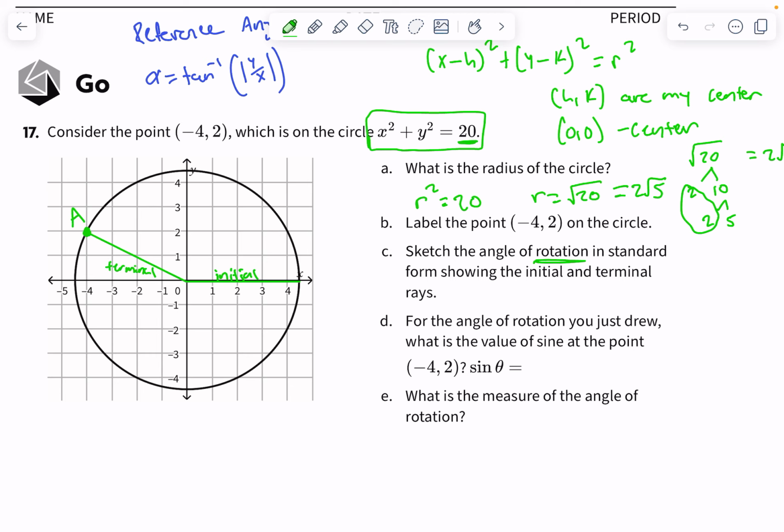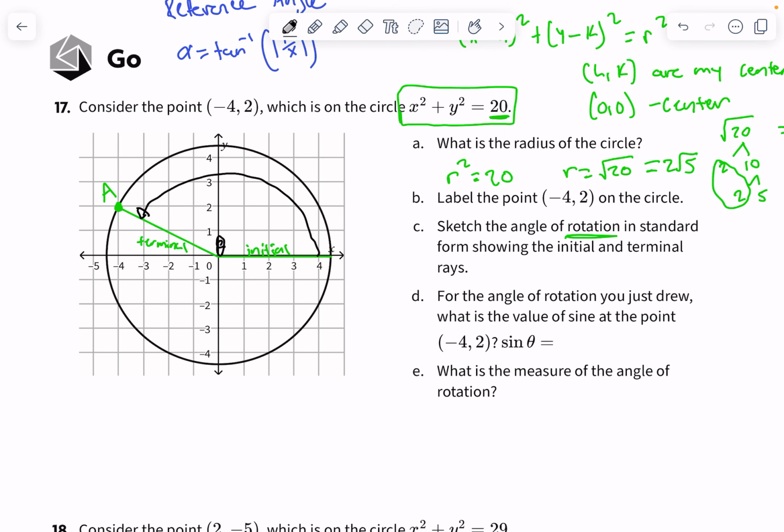And my angle of rotation, let's change colors here so we can see it, is this entire angle, theta here, okay?